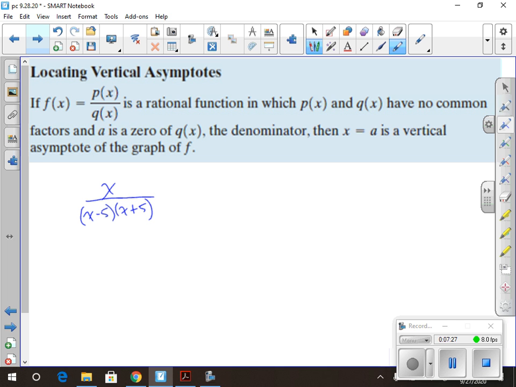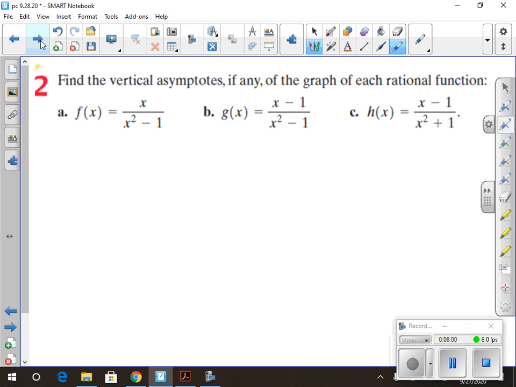That gave us two vertical asymptotes at x equals 5 and x equals negative 5. We also had a situation where it canceled, so that's why they said where they have no common factors, where they can't cancel. So when they have a hole in the graph, we don't usually consider that to be an asymptote, if that makes any sense.